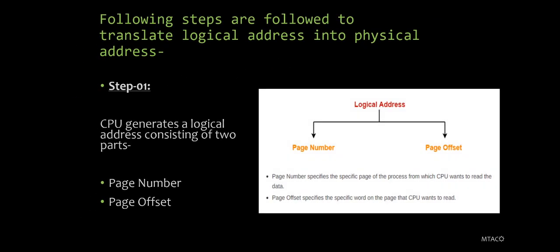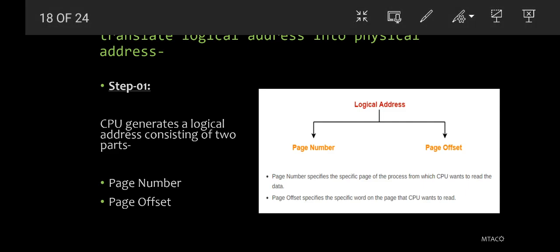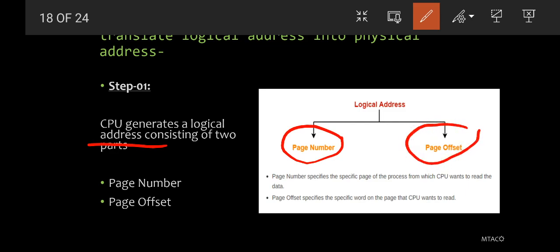The following steps are followed to translate your logical address into your physical address. Step 1. Your CPU generates a logical address consisting of two parts, your page number and your page offset.